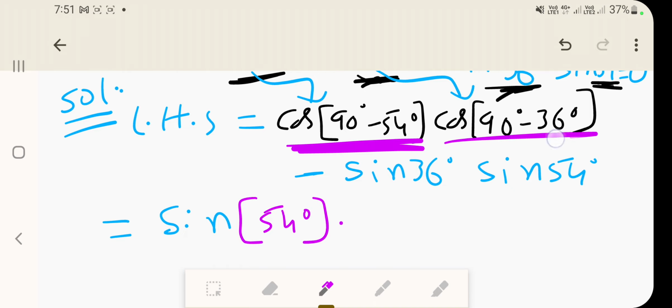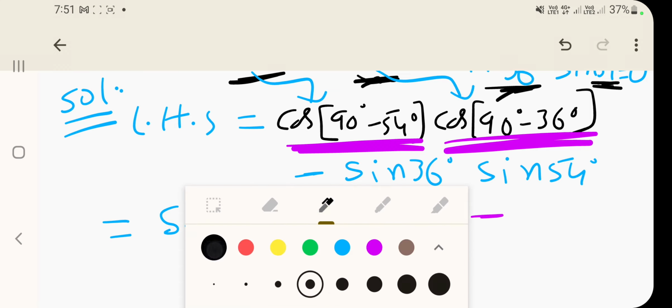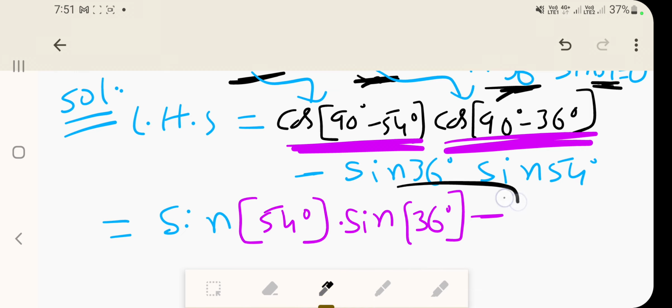Into cos(90 − 36), again we can write it as sin 36 degrees, minus sin 36 into sin 54 as it is.